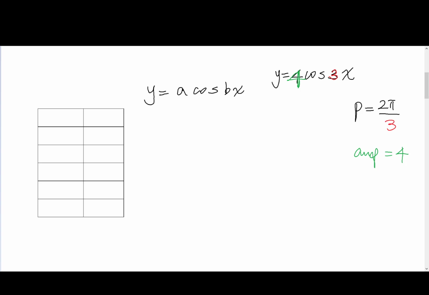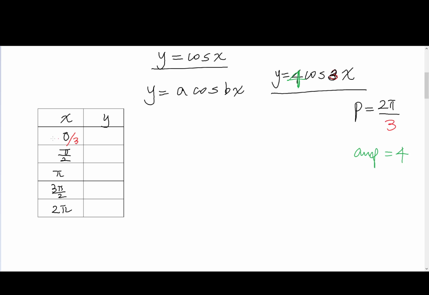Remember the x values and y values of y equals cosine x. If you didn't have the 4 and the 3, you would have the x values 0, pi over 2, pi, 3 pi over 2, 2 pi. That was the original set of values for cosine x. When you have cosine 3x, that changes each of these x values by dividing by 3.